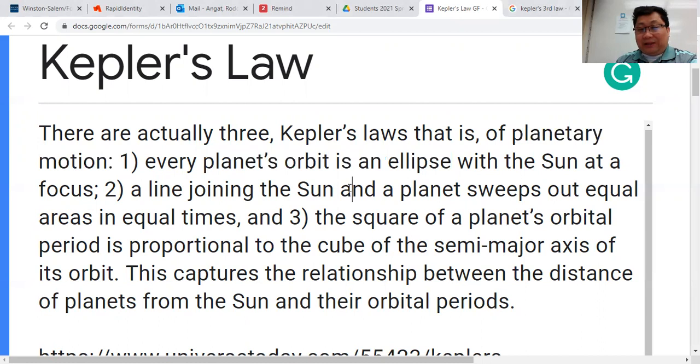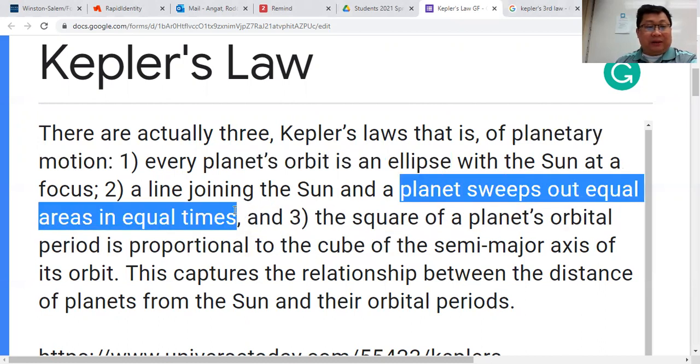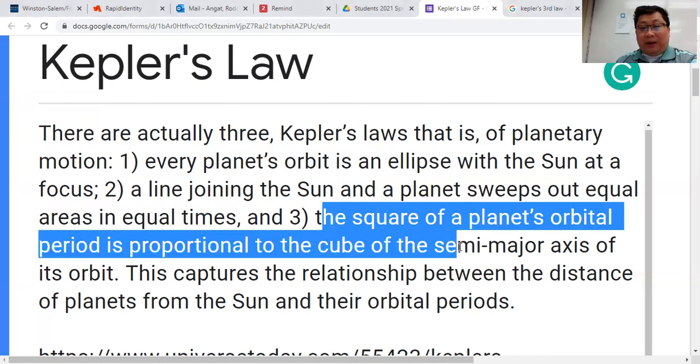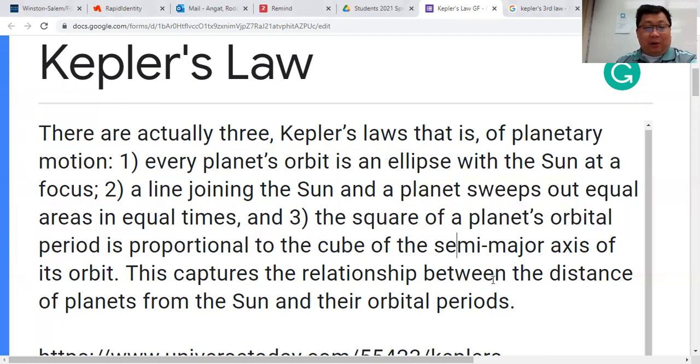Kepler's second law states that planets sweep out equal areas in equal times. We'll be learning more about this when I show you the picture of Kepler's second law, but I need you to remember this concept for now. The third law is the combination of the first and the second law.